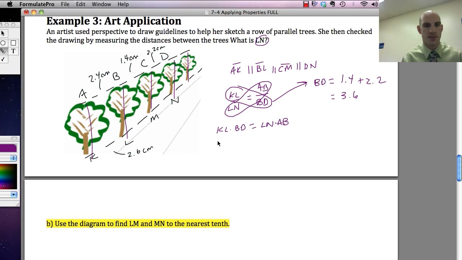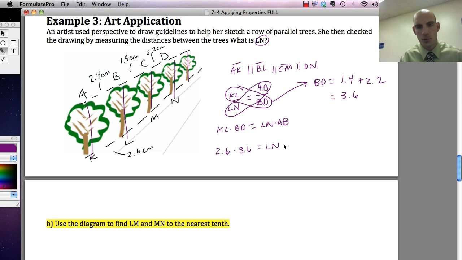Okay, let's fill this in. Well, KL is 2.6, so 2.6 times BD. Well, BD, let me fill that in as well. Should have done that already. Probably confused you there. BD we have, because BD is that 3.6, so 2.6 times 3.6 is equal to what we don't know, that LN, times AB.